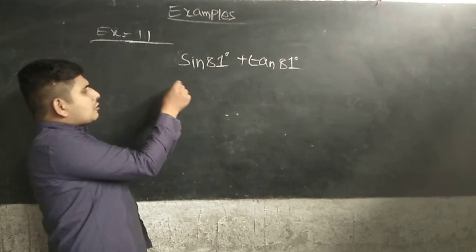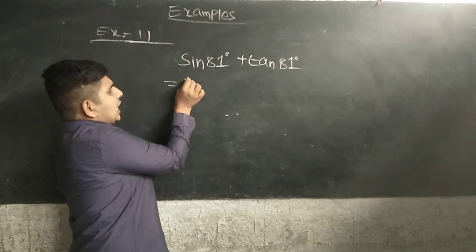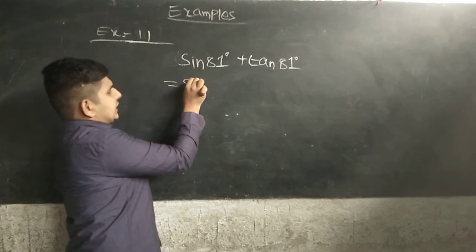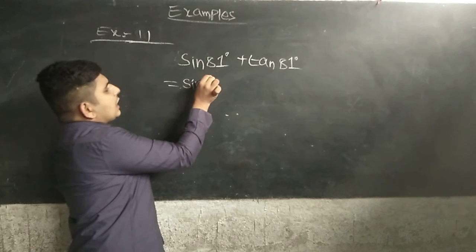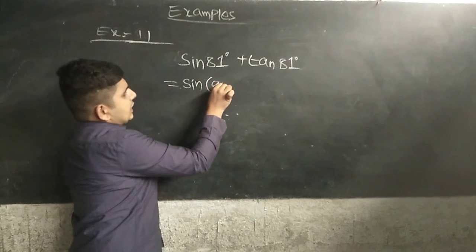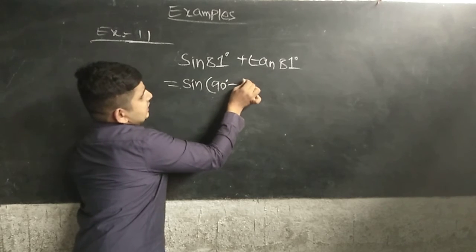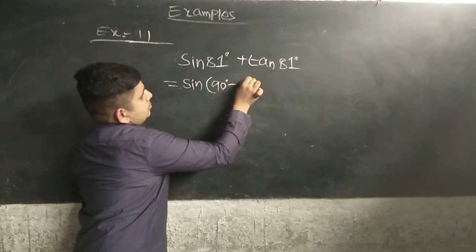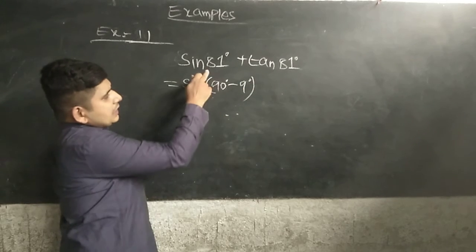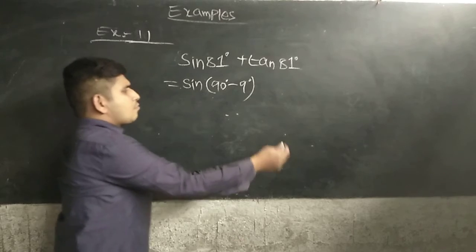So sin 81 degrees can be written as sin(90 degrees minus 9 degrees), since 81 can be written as 90 degrees minus 9 degrees.